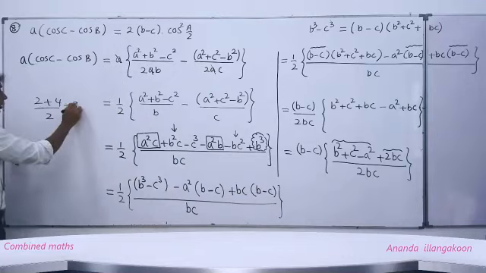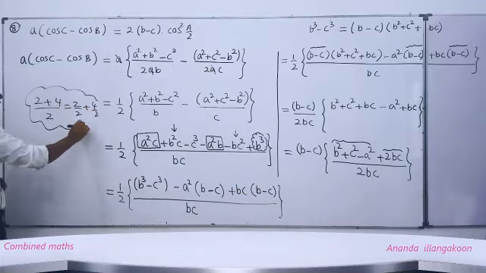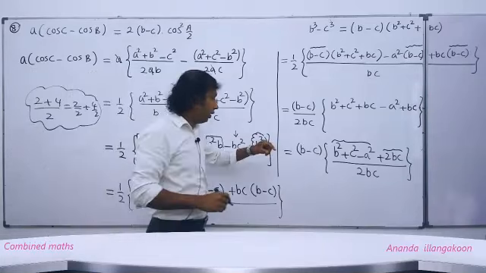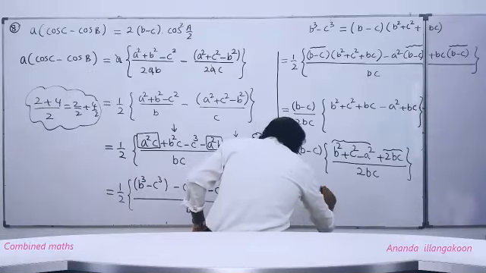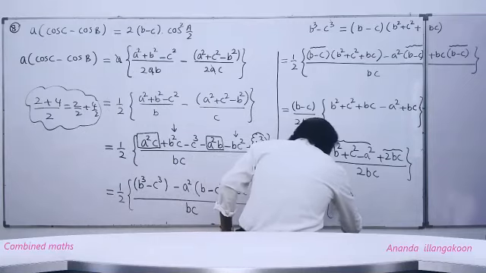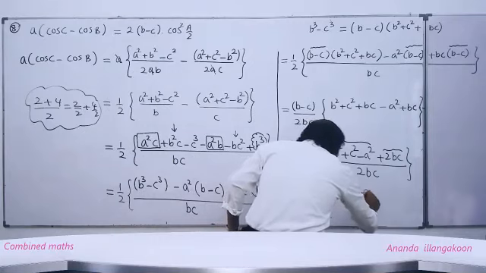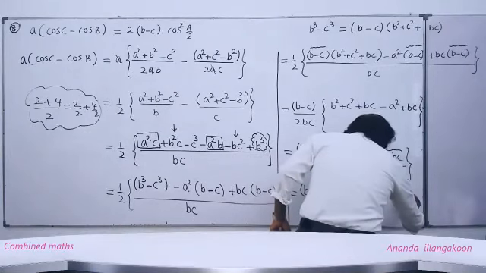This one you can write as 2 divided by 2 plus 4 divided by 2. Are you seeing that fact? I can write this one like this. This now is B minus C times B squared plus C squared minus A squared divided by 2BC, and this one 2BC divided by 2BC.